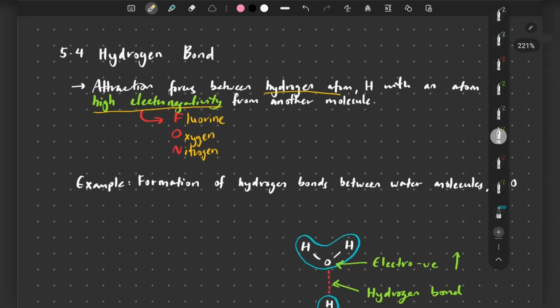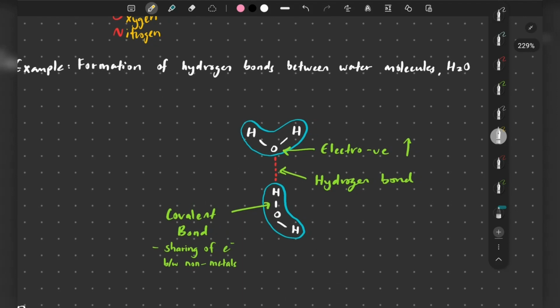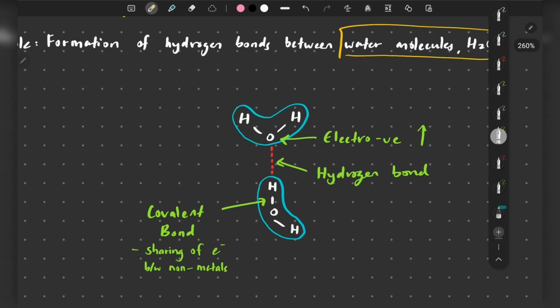Okay, so let's look at the example, which is the formation of hydrogen bonds between water molecules, H2O. So now we have water molecules right here. This is the water molecule. How are the hydrogen bonds formed?